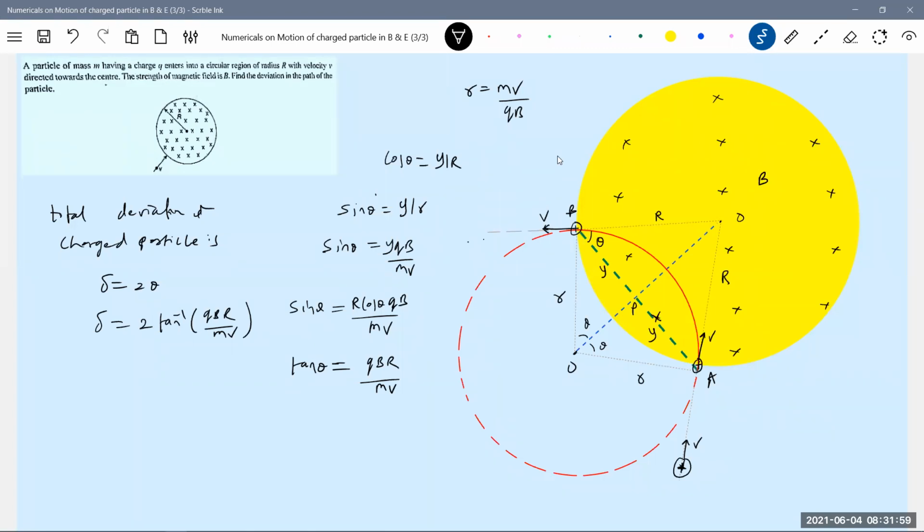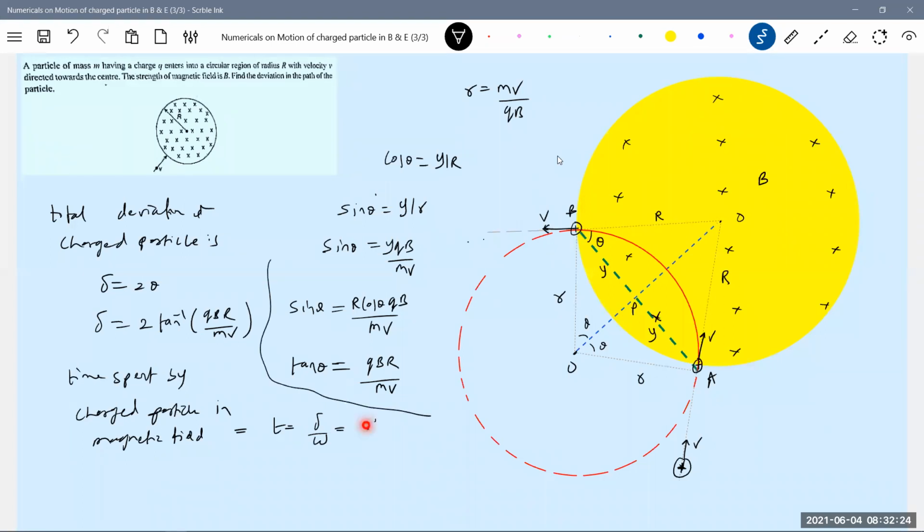I'll ask you, what is the time spent? What to write? Time spent by the charged particle in the magnetic field. This should be equal to deviation by omega. Deviation we know.